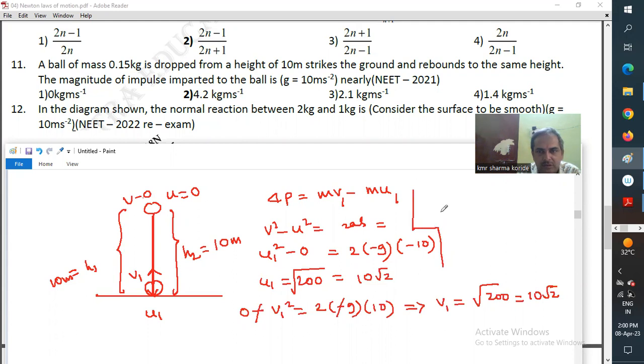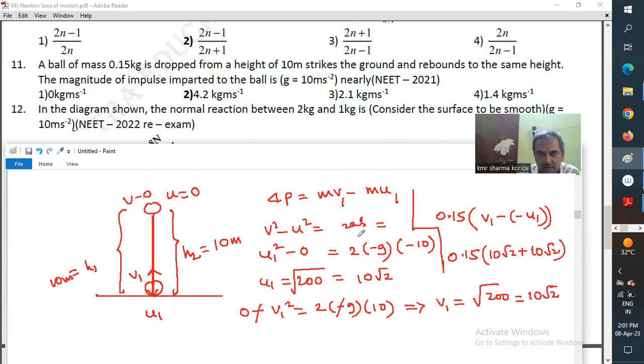Now the formula. m is 0.15 kg. m you can take out common. The directions of v1 and u1 are opposite. So therefore, v1 minus of minus u1. So you'll get 0.15 times, v1 is 10 root 2 plus u1 is also 10 root 2.